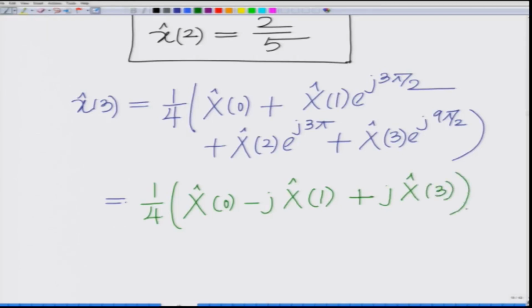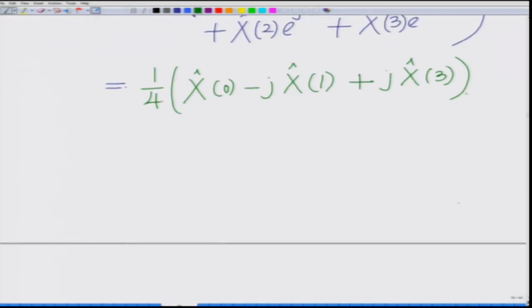You can see we are avoiding capital X hat of 2 because that is 0 anyway.